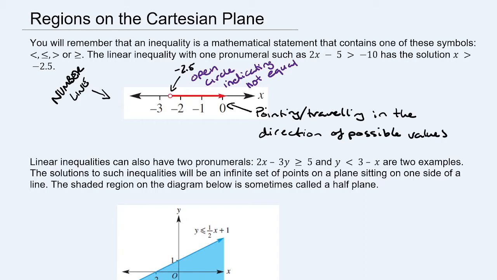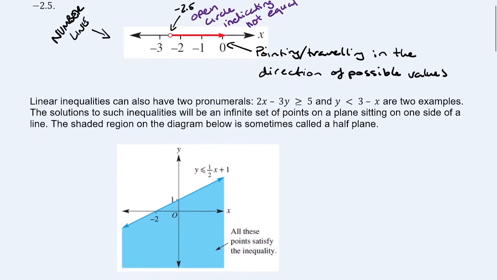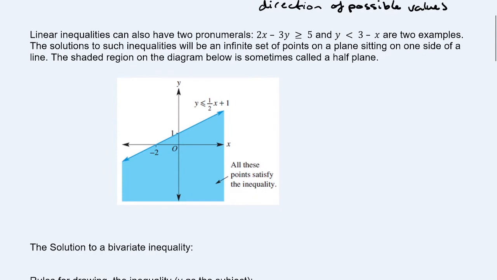When we move to the Cartesian plane, so we expand our number line into a plane, we can now shade in regions. We now have whole areas of that plane that can potentially satisfy the inequality. And this is how they're drawn up. For example, we have the solid line here.